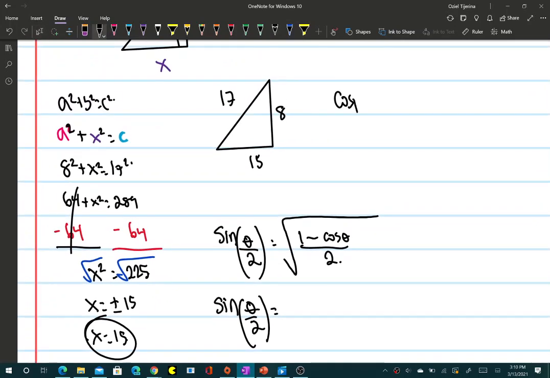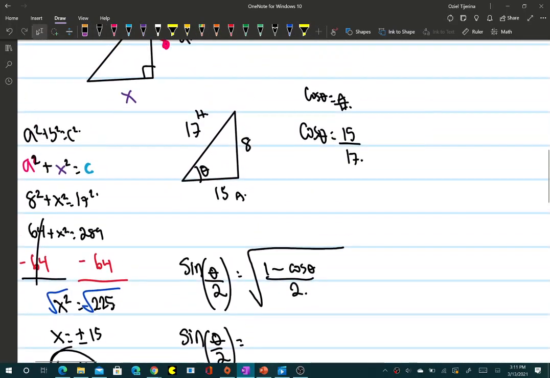So cosine theta, this is our angle theta, it would be opposite over hypotenuse, or sorry, adjacent over hypotenuse, excuse me, which would be 15 over 17, because cosine theta, of course, is adjacent over hypotenuse. This is adjacent, this is hypotenuse, okay?